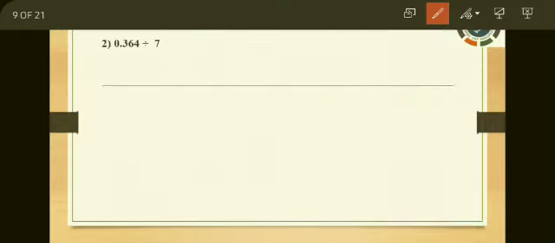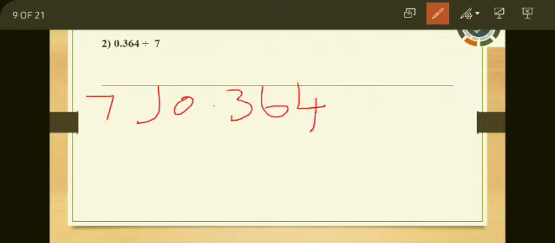Now see the next example, 0.364 divided by 7. First take the whole part number. The whole part number is 0, so the quotient is 0.